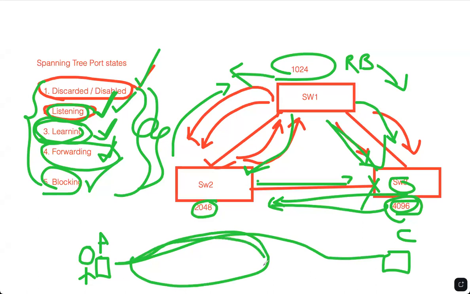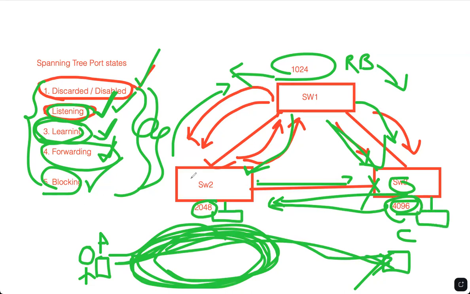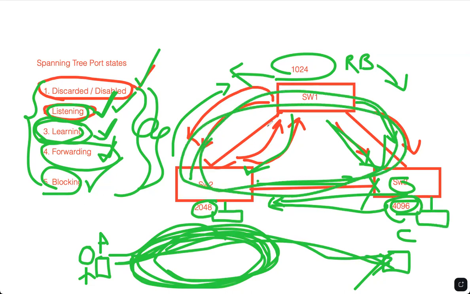The message keeps roaming on that loop and never reaches the destination. Then what's the point of sending the data when it keeps looping here and there? He has to go to the actual destination. Similarly, if a PC is connected here and another PC is connected here, and they keep looping between them, how does it even reach there?